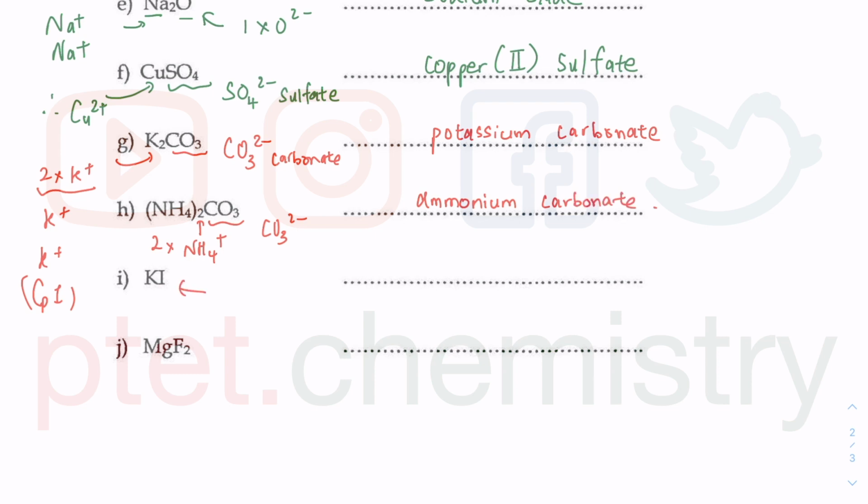Next one up, K plus and I minus, identifying. You got to learn to identify your cations and your anions. Not everything is cation and anion, so you need to be very careful and know about your tables of ions, as well as you should also be on the lookout for covalent compounds, simple covalent compounds like HCl, H2O, CH4, NH3, CO2.